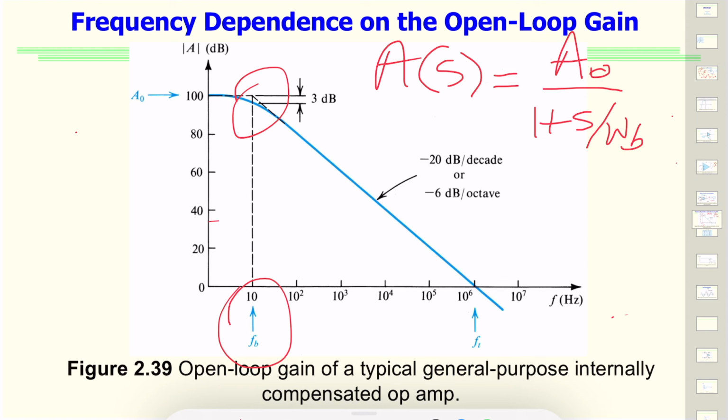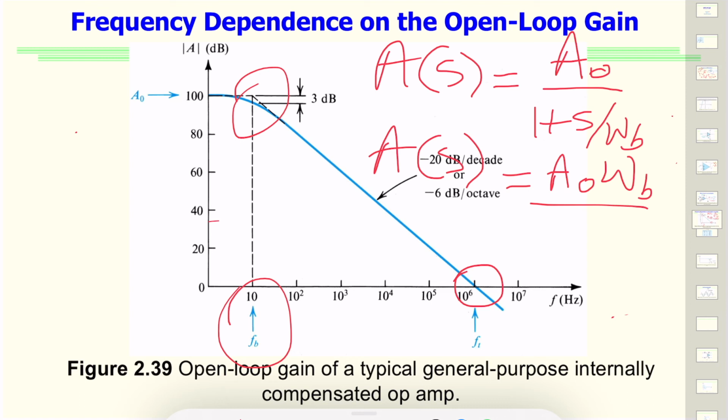What's happening here is as the frequency goes up, our gain ultimately reaches here, and that would be the situation we would write as A naught omega B over j omega, which is S. We could write this also as j omega.